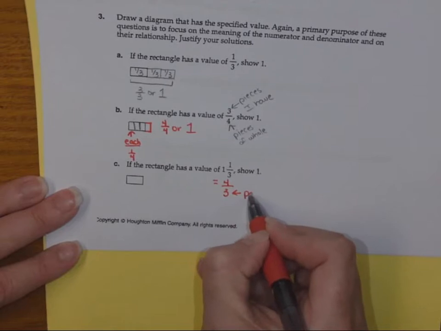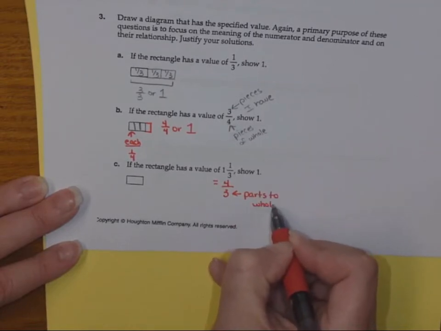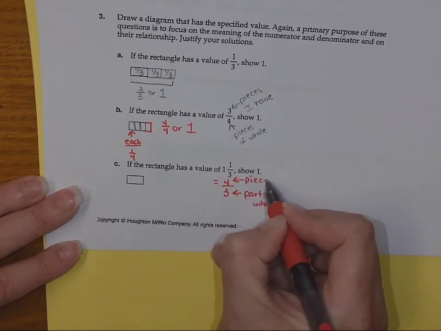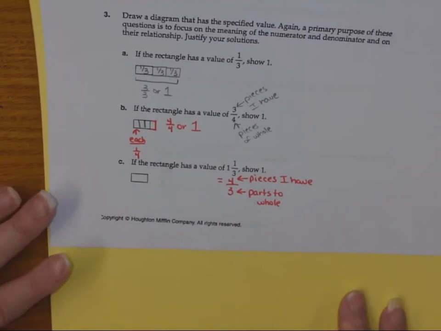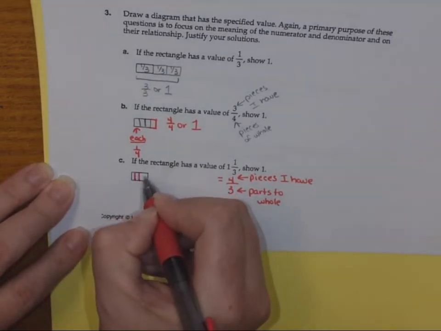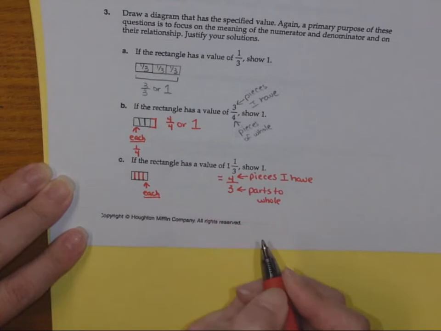Okay, so this is the parts to the whole. And this is the pieces I have, or the parts I have, I should say. So in other words, I actually have 4 pieces right now. Notice each of these represents what?